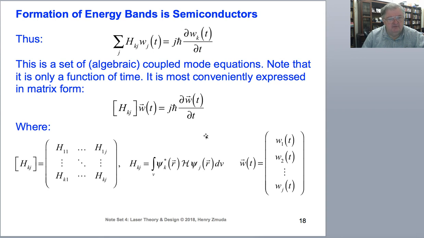In other words, I've developed a linear system of equations when I do this for all the equations, where the H's now, those numbers, are a matrix. They form a matrix of values. And the W's, the weighting functions, form a vector. The elements of this matrix, of course, are just the integral that I showed you.